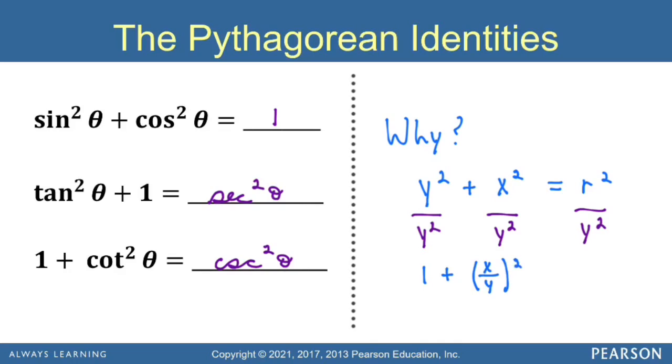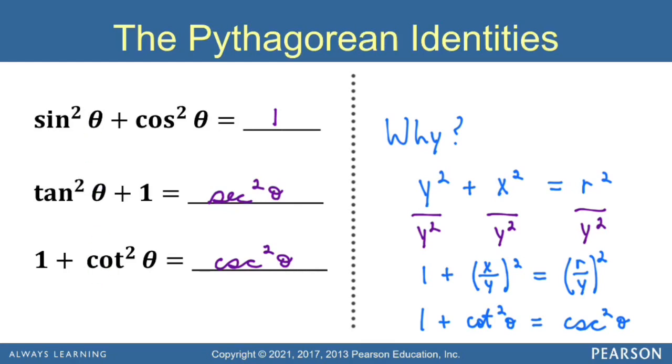And then on the right side of the equal mark, r squared over y squared is r over y all squared. Now, x over y is cotangent, so now we have 1 plus cotangent squared theta equals r over y squared, and we know r over y is cosecant, so that's going to give us cosecant squared theta. And so you can see how these identities got their name.